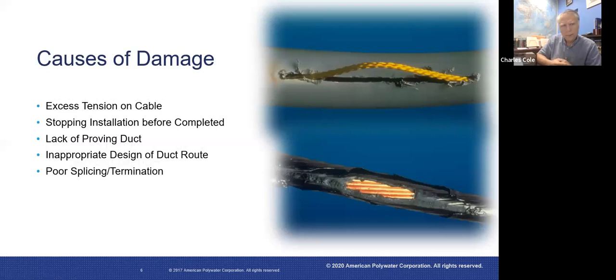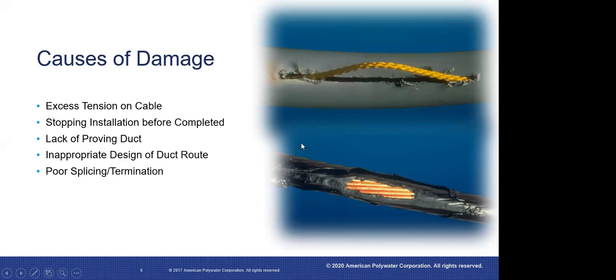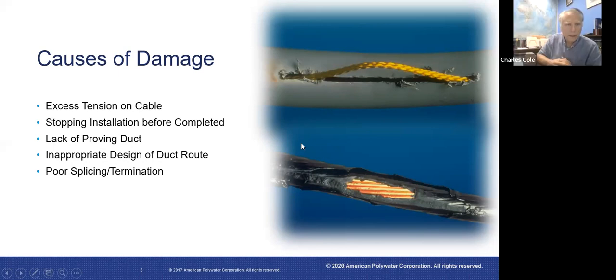So here are some examples of what excess tension or incorrect installation processes can do. We mentioned the tension on the cable can cause the cable to abrade, as you see in the bottom photo, and your pulling line could also cause problems with the duct itself by burning through if not lubricated.